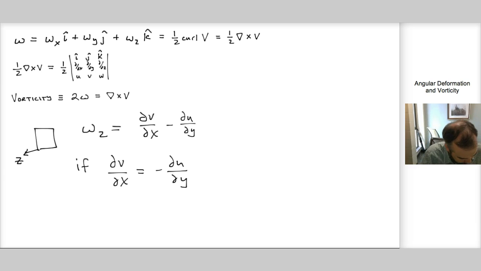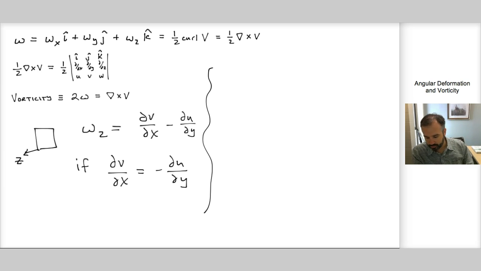Okay? And then another situation, and what we've done for most of this class, is we said that the flow is irrotational. And that's the case if du over dy is equal to dv over dx. There's no rotation, right?